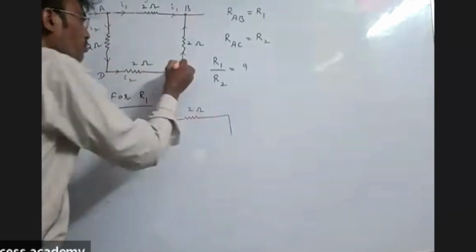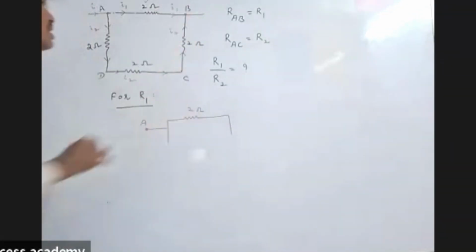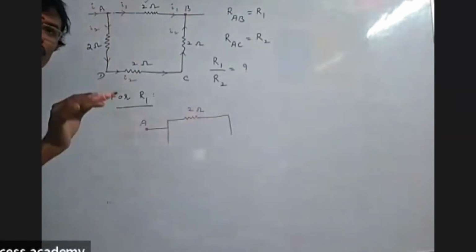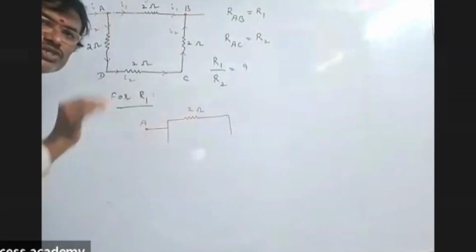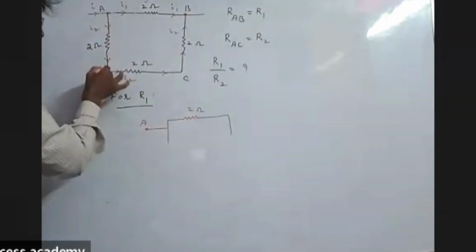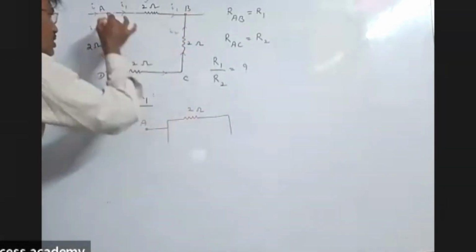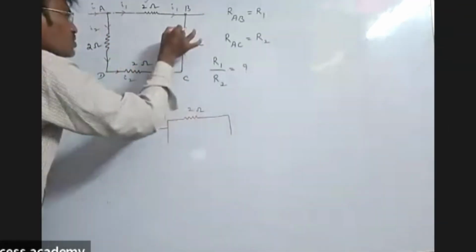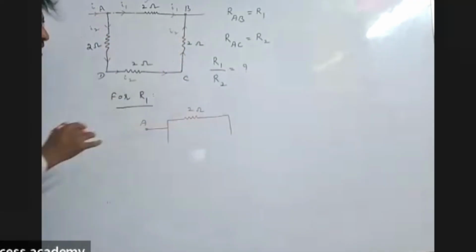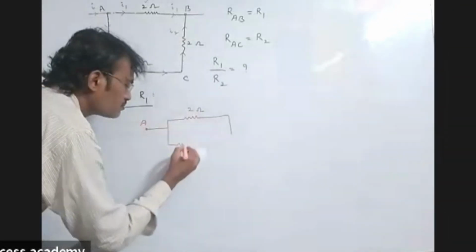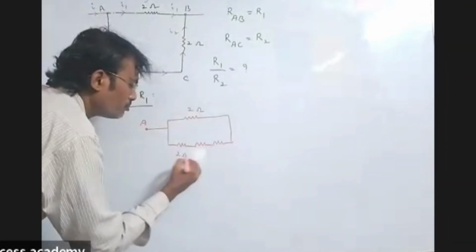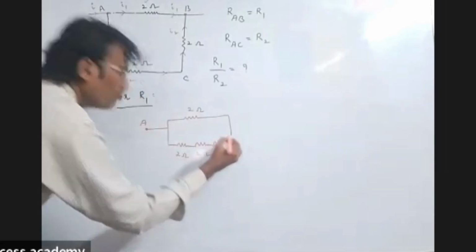Previously I said that if the current is the same, then those resistors are in series combination. So I2, I2, I2, there is no deviation in this path. So all these three are in series combination: 2 ohm, 2 ohm, 2 ohm.